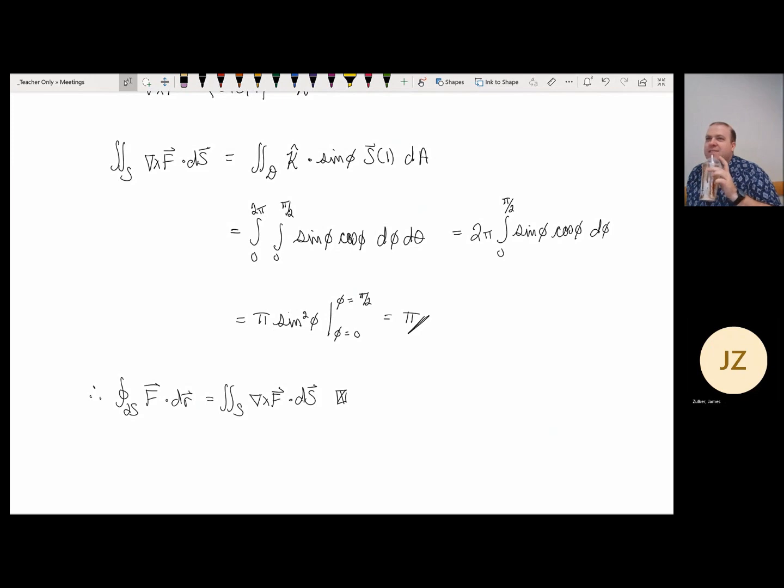To be perfectly honest, I can't think of a simple surface with a complicated boundary. Any simple boundary is going to have a simple surface. Any complicated boundary is probably going to have a complicated surface. So you're probably just better off doing the line integral.